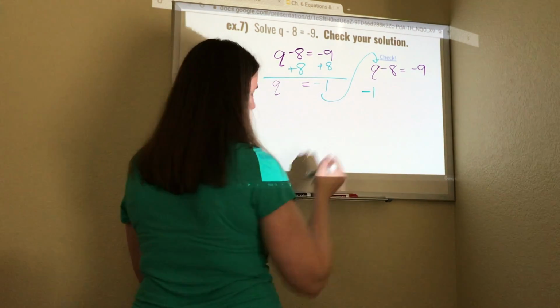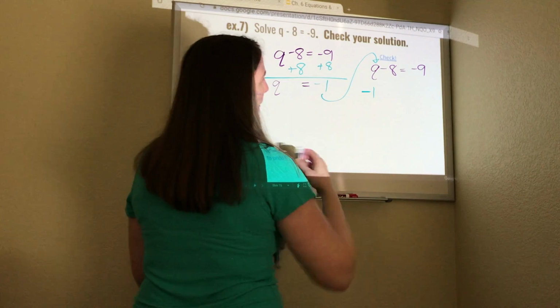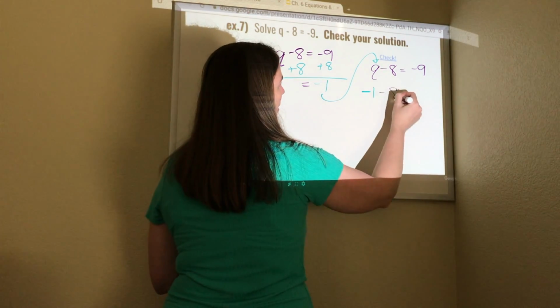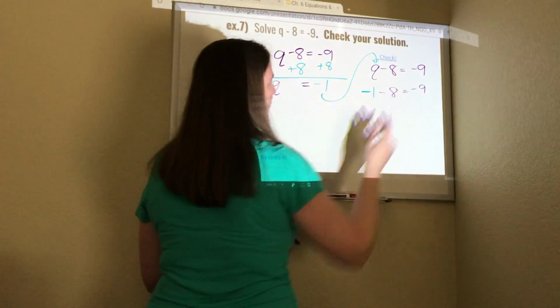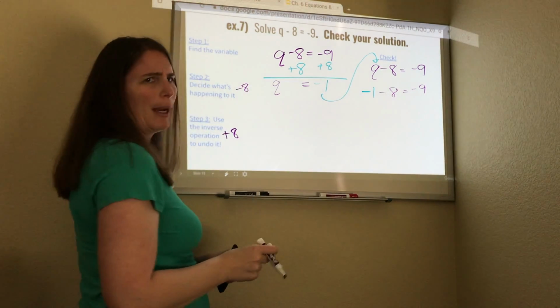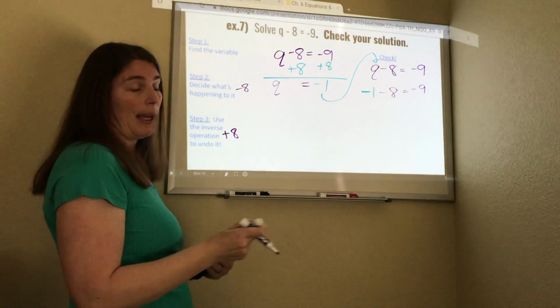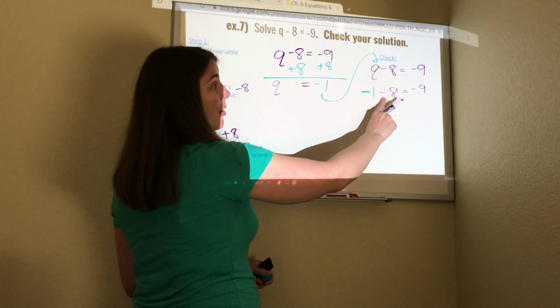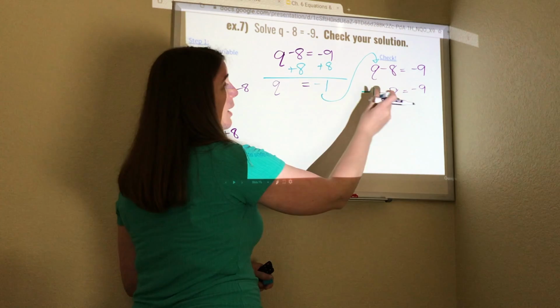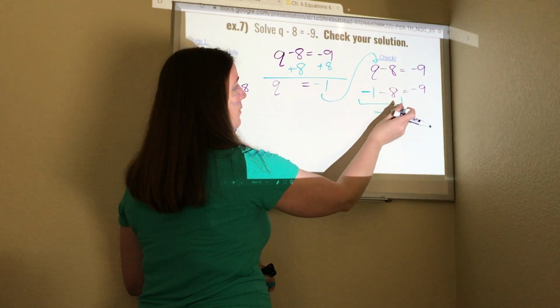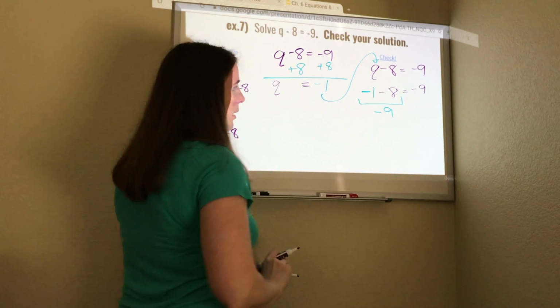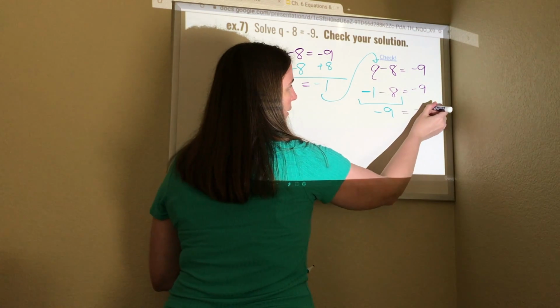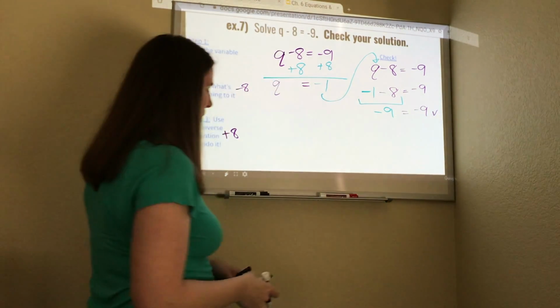So I have negative 1 minus 8 equals negative 9, and negative 1 minus 8 is going to become more negative. So I have 1 negative here, and then 8 more negatives. So I have 9 negatives. So this is negative 9 equals negative 9, and that is true.